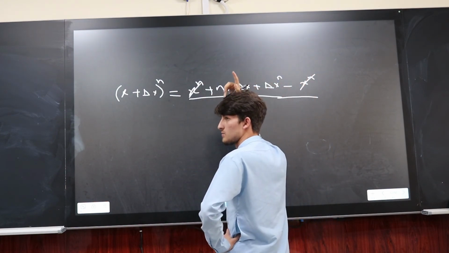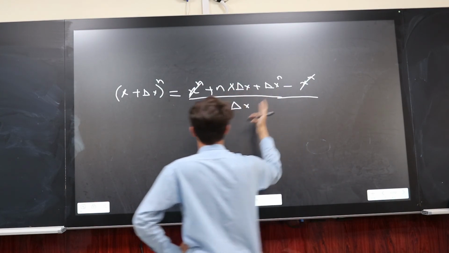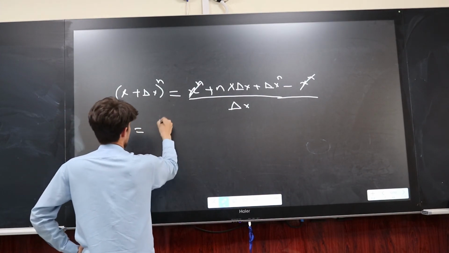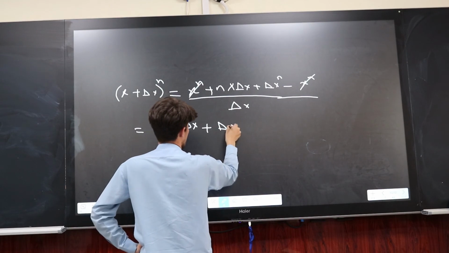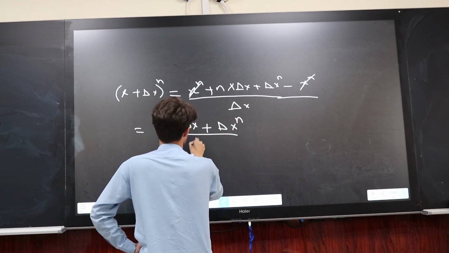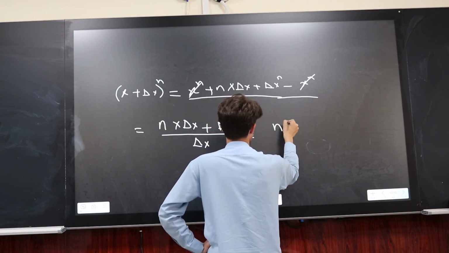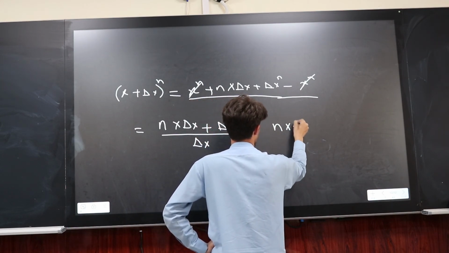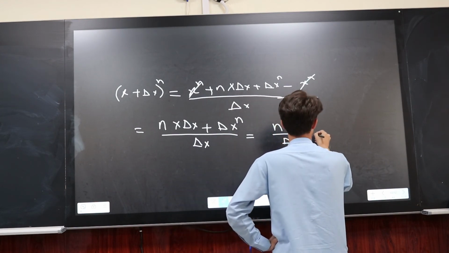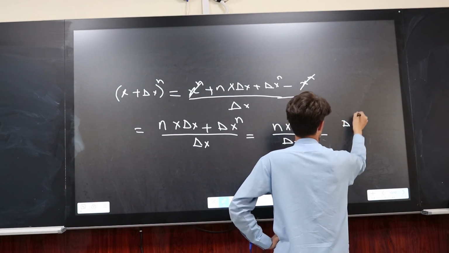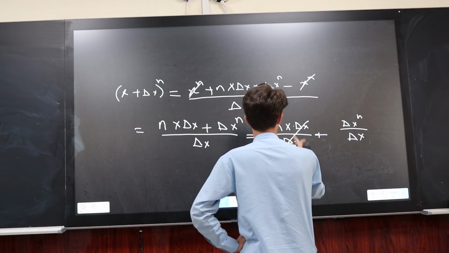And we have the binomial here, which is n multiply x delta x plus delta x to the power of n over delta x. So n multiply x multiply delta x over delta x, plus delta x over n delta x. Delta x over delta x will become nx.